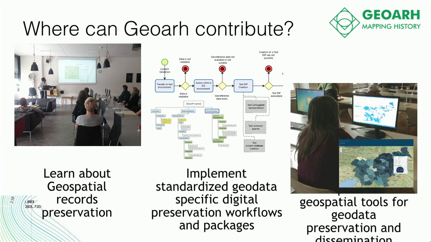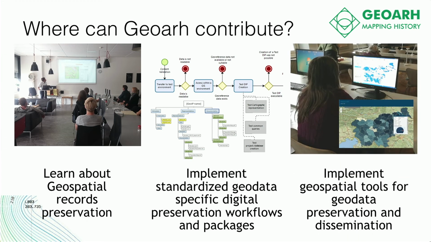We can also help you with the implementation of geospatial tools in the archives for validation and for preservation and dissemination, because sometimes there is a need to transform data in a proper way using legitimate software. And we can help you with dissemination on web platforms where you can make data available to others, so that we can connect in a very standardized way.